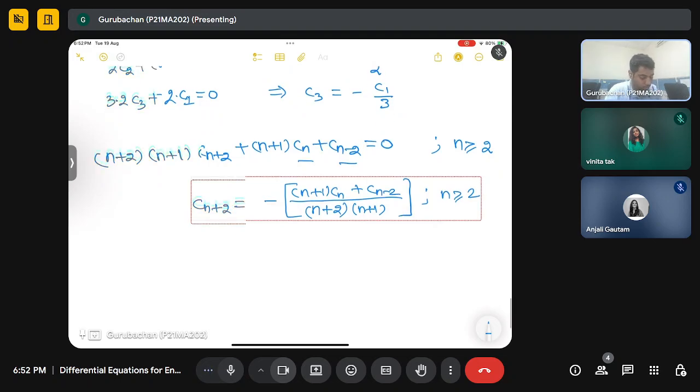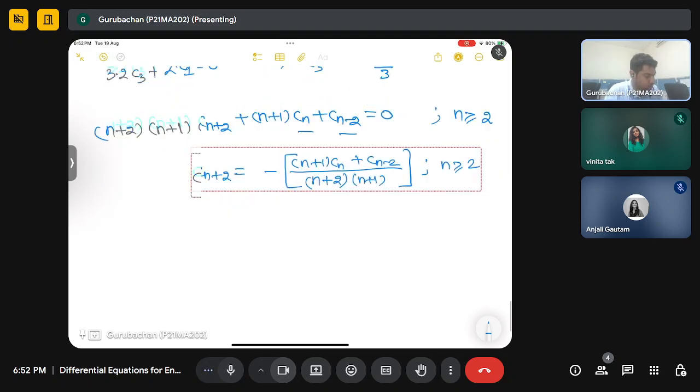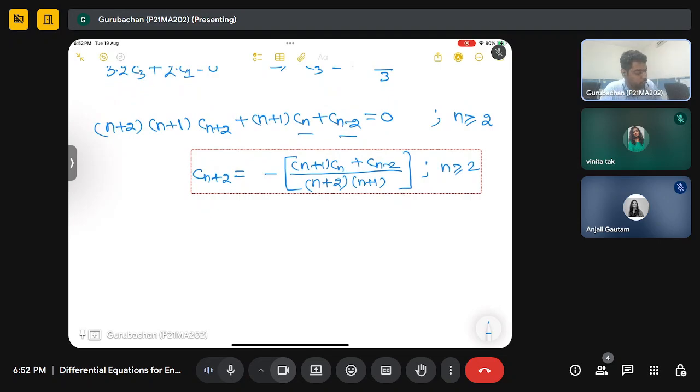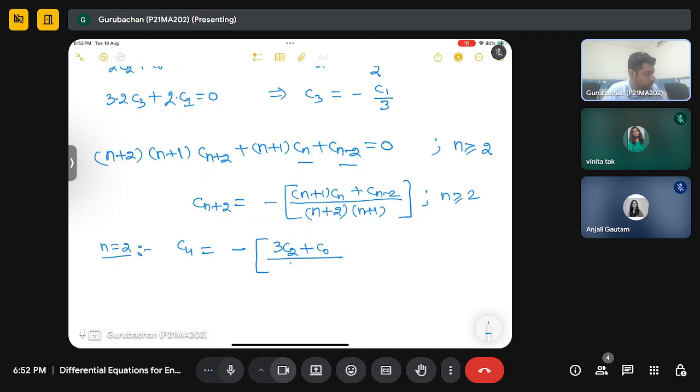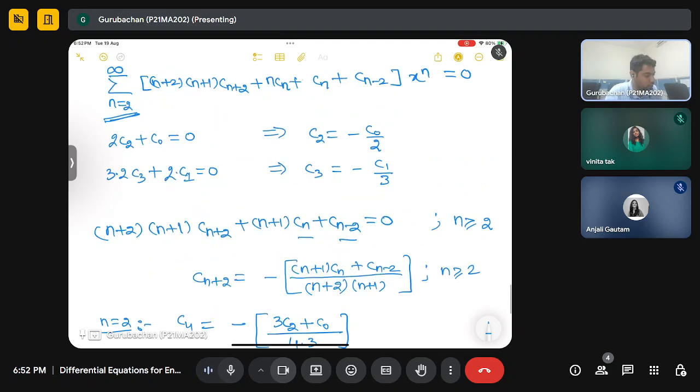So it is correct. So if you put n equal to 2, you will get here C3. Oh, sorry, C4. So C4 will be equal to minus 3 times C2 plus C0, divided by 4 into 3.